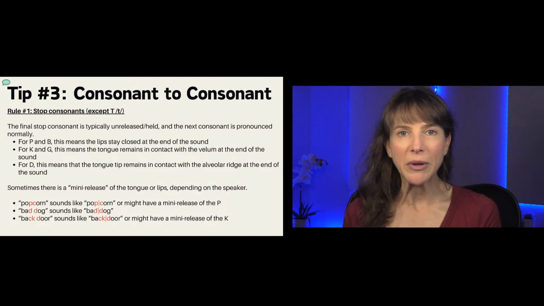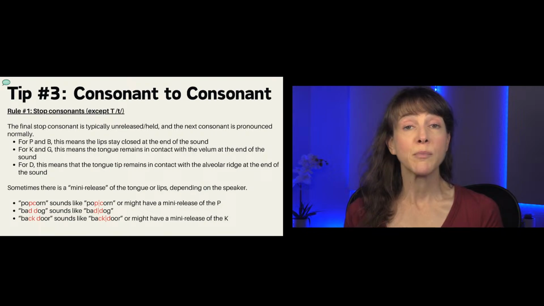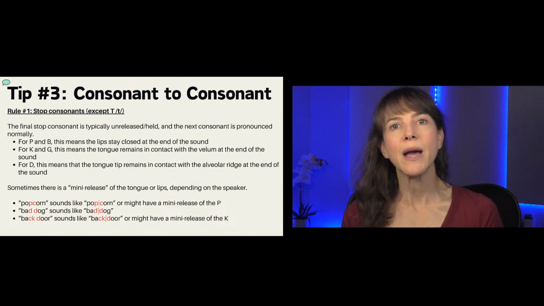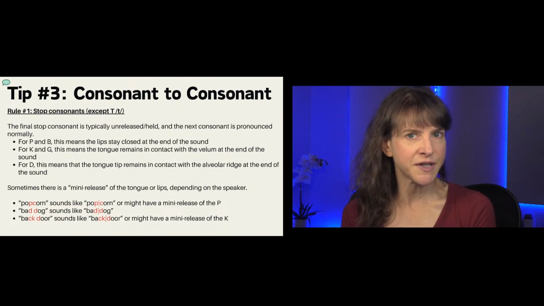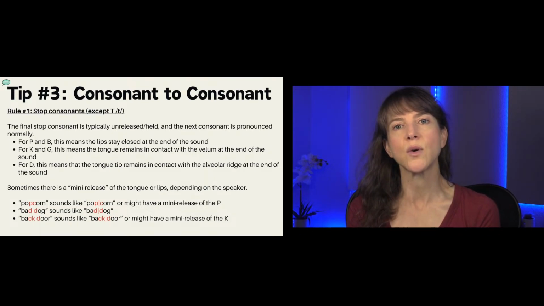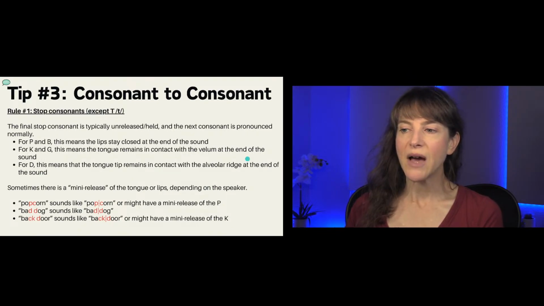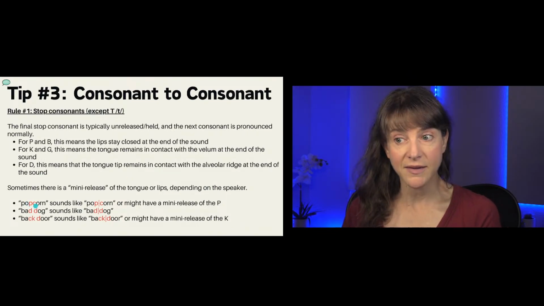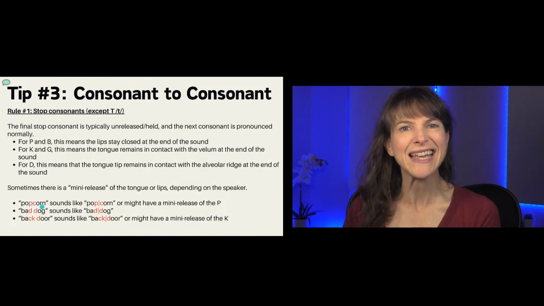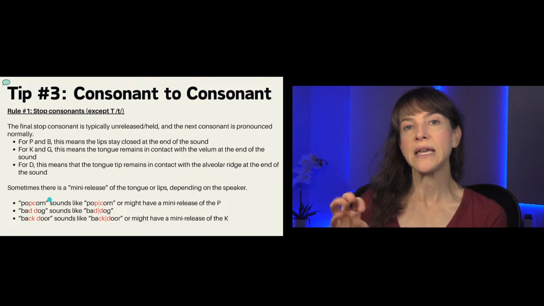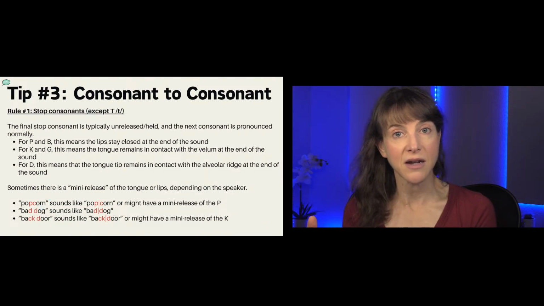So let's go through a couple of examples here. The word popcorn. Okay, so popcorn. I feel like I pronounced that right then with an unreleased or a held P. Popcorn. So we have a P, a final stop consonant, linking to an initial K sound. All right, and P is a stop consonant.